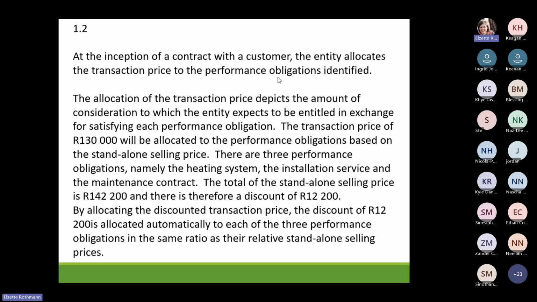So if they only then paid 130,000, there's a discount of 12,200. And by allocating the discounted transaction price, the discount of 12,200 is allocated automatically to each of the three performance obligations in the same ratio as their relative standalone selling price.